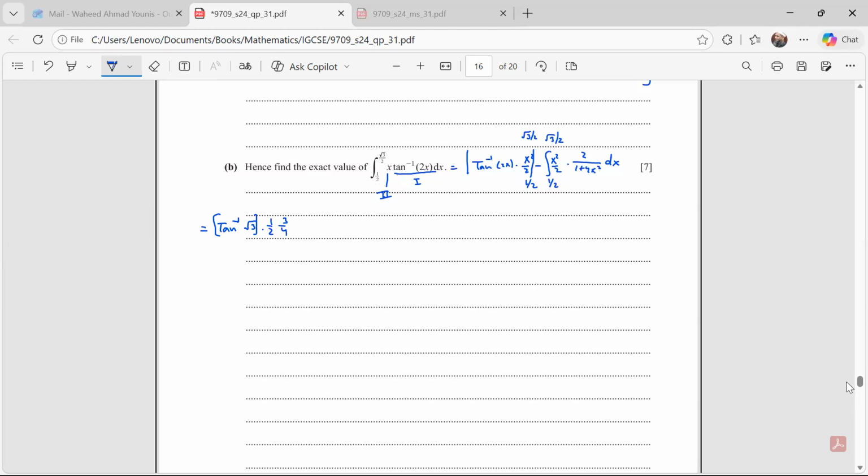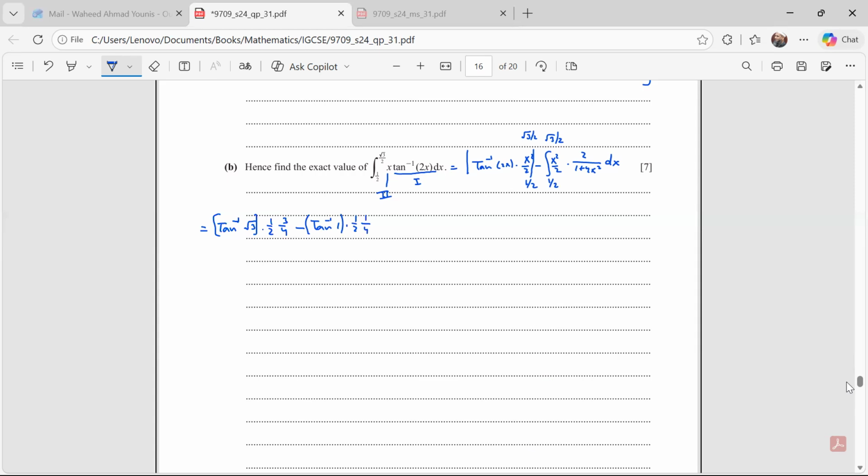So this is the upper limit. Minus, when I put the lower limit, it will become tangent inverse of 2x, meaning 2 times 1 by 2, so this is 1 only. So this is one thing, into x squared by 2, so 1 by 2 into x squared will be 1 over 4.